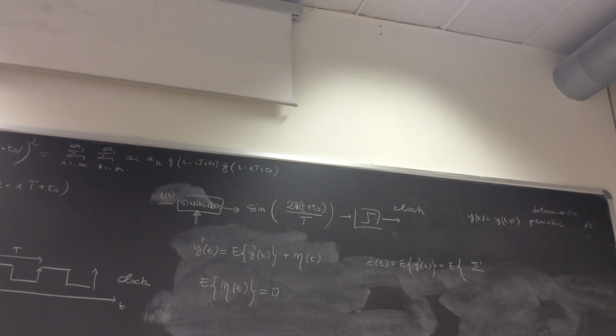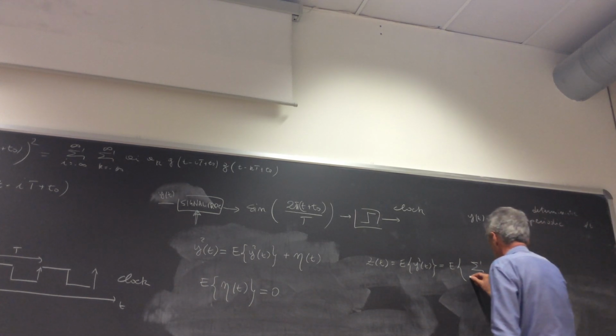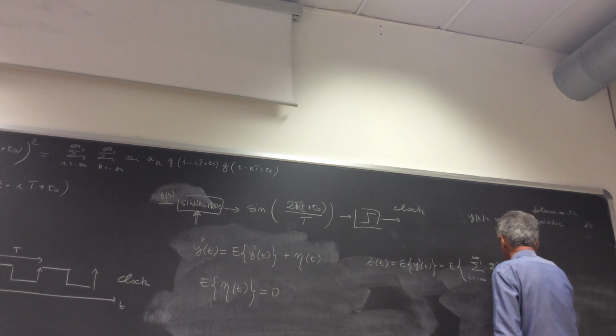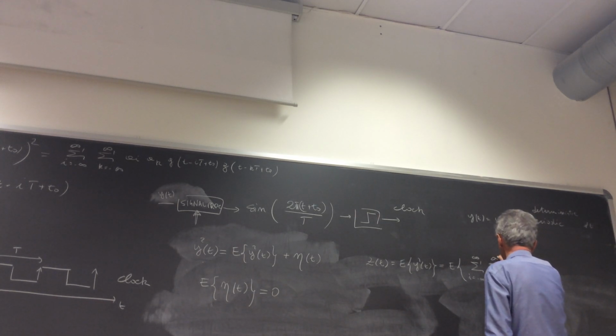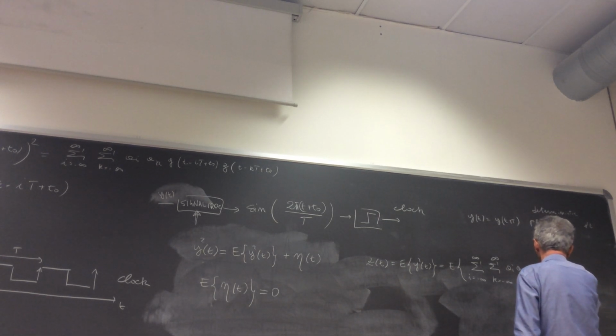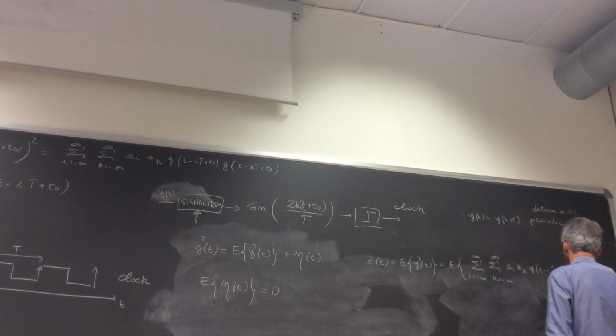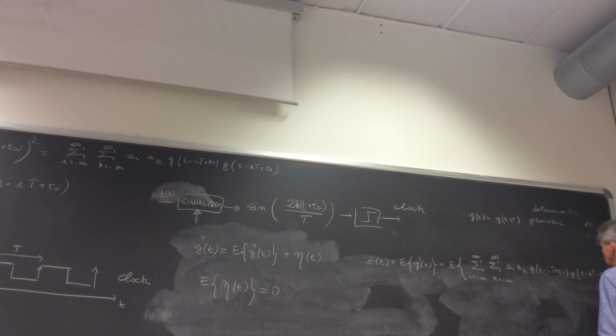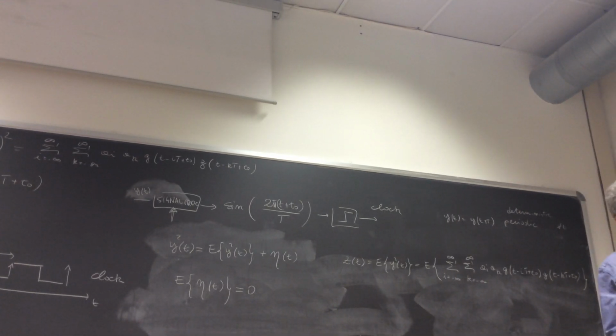Now we put the double sum inside the expectation and compute the expectation. Sum i, sum k, a_i, a_k, g_i, g_k. Okay?